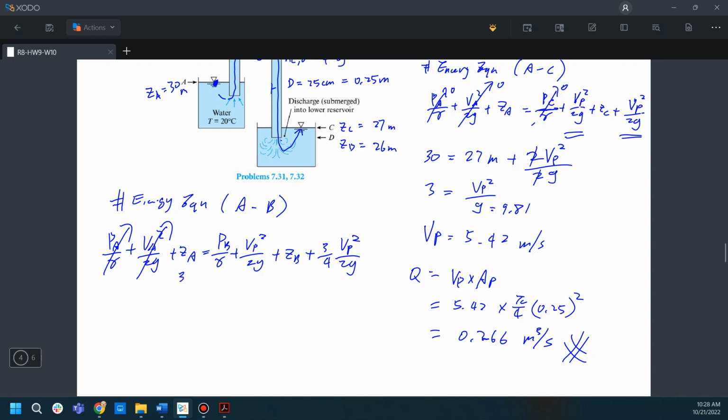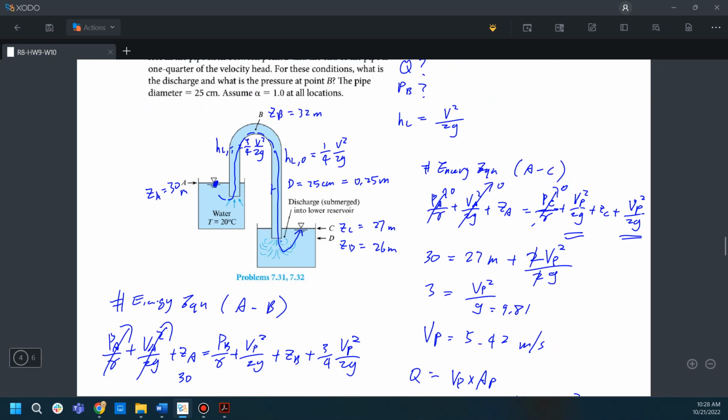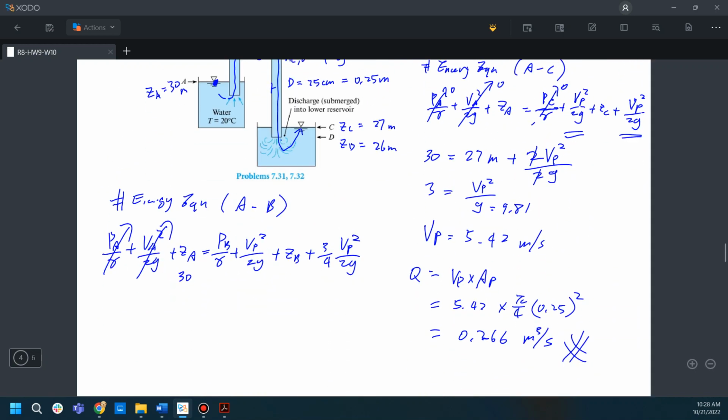ZA is equal to 30 meters, and ZB is equal to 32 meters. Okay, so this is 32, and you combine these two together.